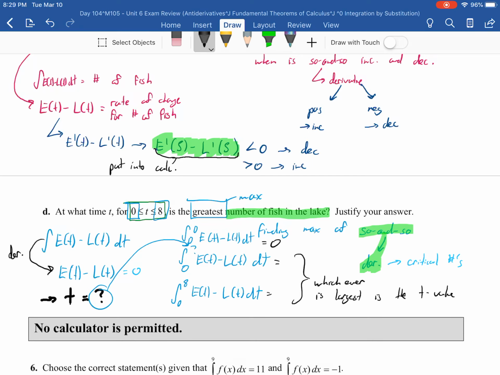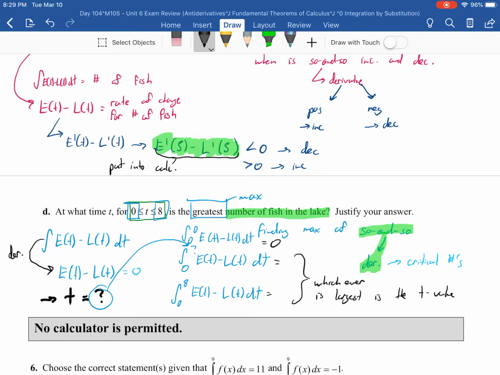As you can see, there are a lot of moving parts to this. I hope I generalized it a little bit by reviewing the idea that when we find the maximum of a function, we find the derivative and find the critical numbers. And then it's just keeping track of what function you plug in from there.